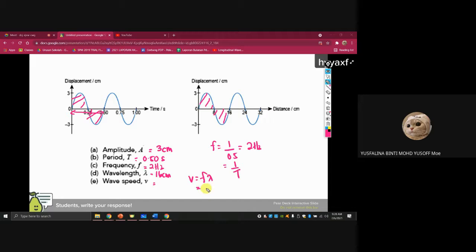The frequency is 2, the lambda is 16, so you will get 32 cm s^-1. Don't forget to put the unit every time you calculate something. So this is the wave speed. Let's move on to the next one.